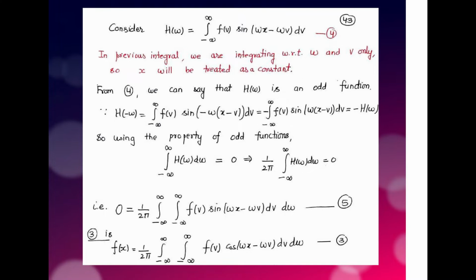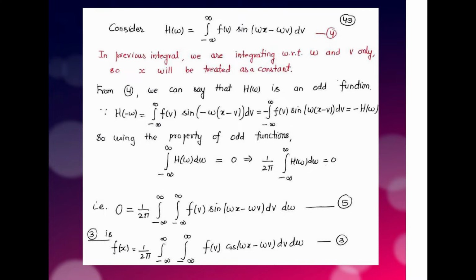We can easily verify this. Replace w by minus w in equation number 4. Then only the sine term will change, and we know that sine of minus theta is minus sine theta. So we see that h of minus w is minus h(w).